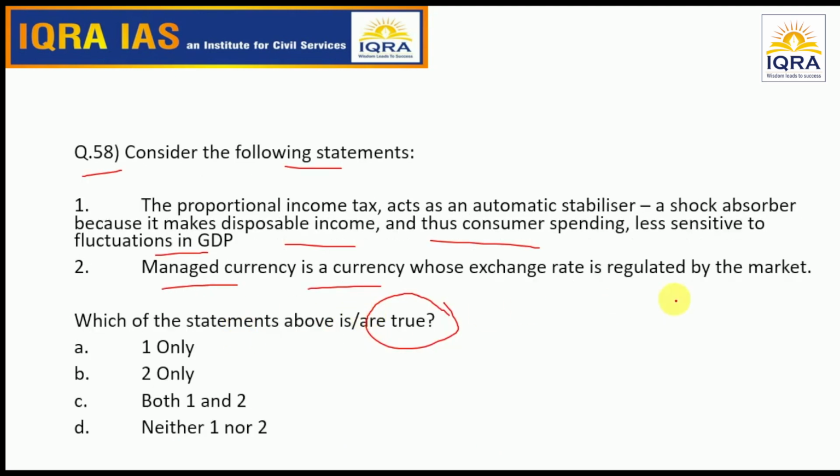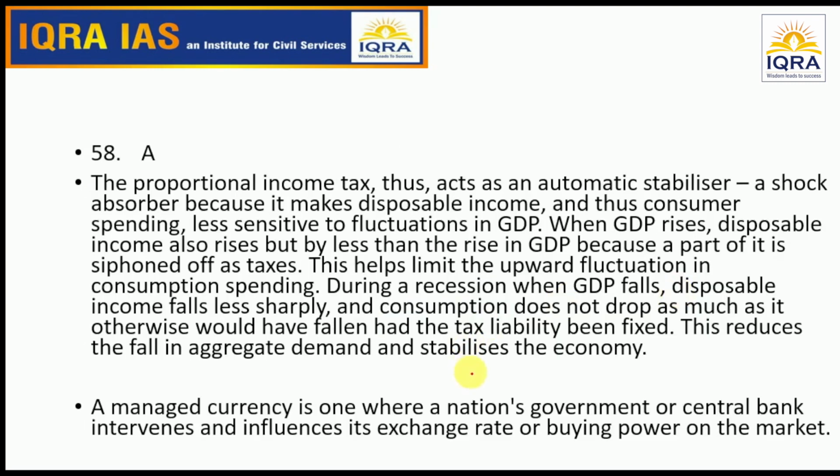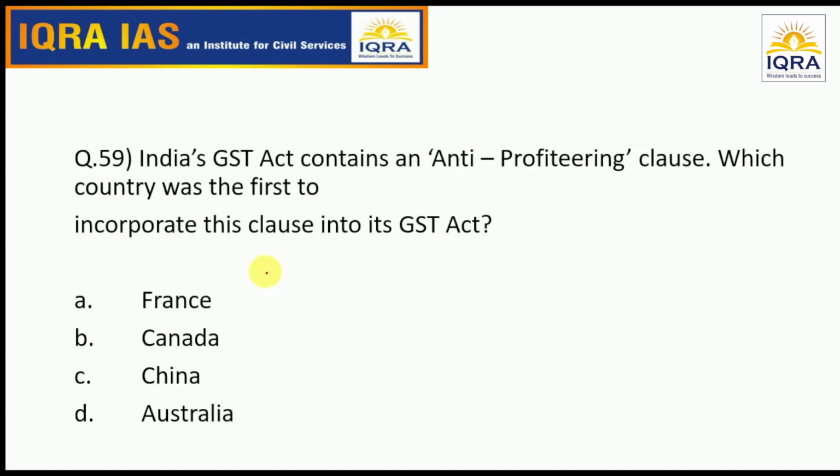So definitely floating exchange rate, we use the term here. Where government or central bank is involved, we call that a managed currency. Proportionate income tax acts as a stabilizer because when GDP rises, personal disposable income also rises by less than the rise in GDP, as a part of it is siphoned off as taxes. This helps limit the upward fluctuation. So this is true.